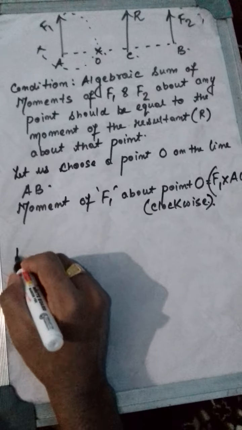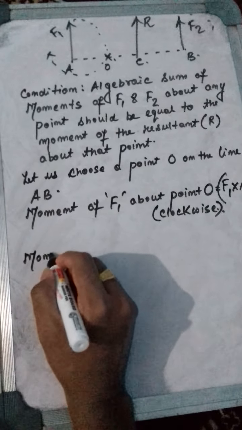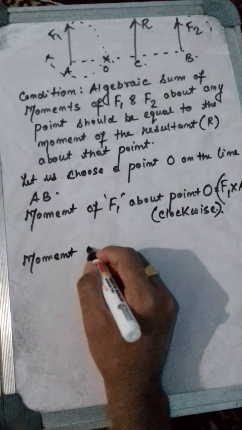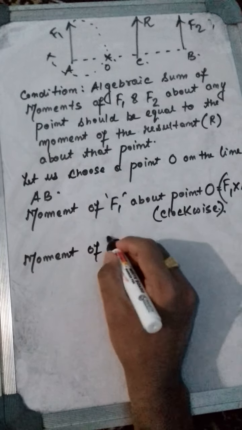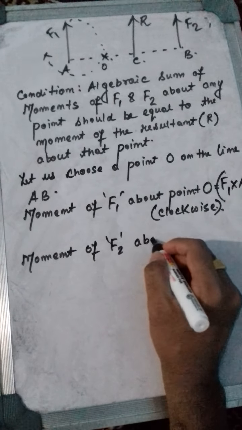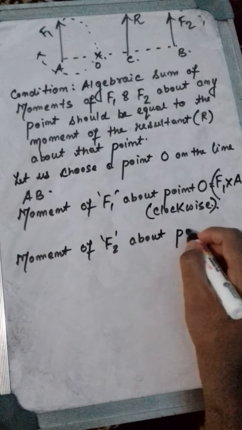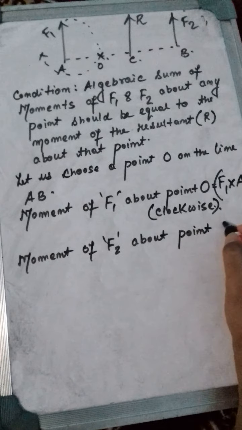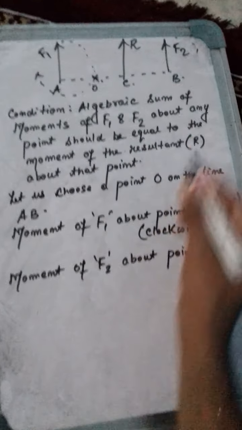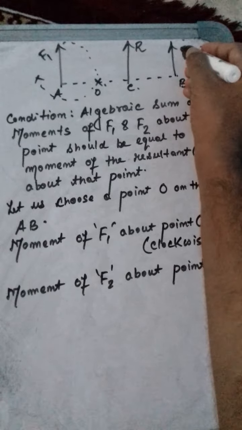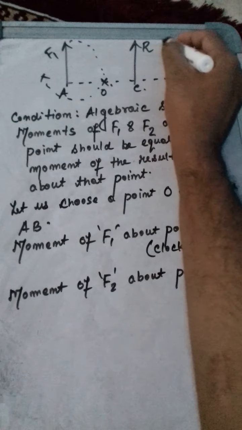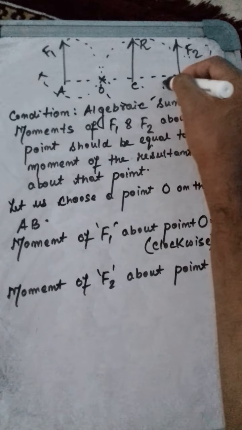Similarly, let us study the moment of F2 about point O. The moment of this force about point O will be acting like this, so it is an anti-clockwise moment.